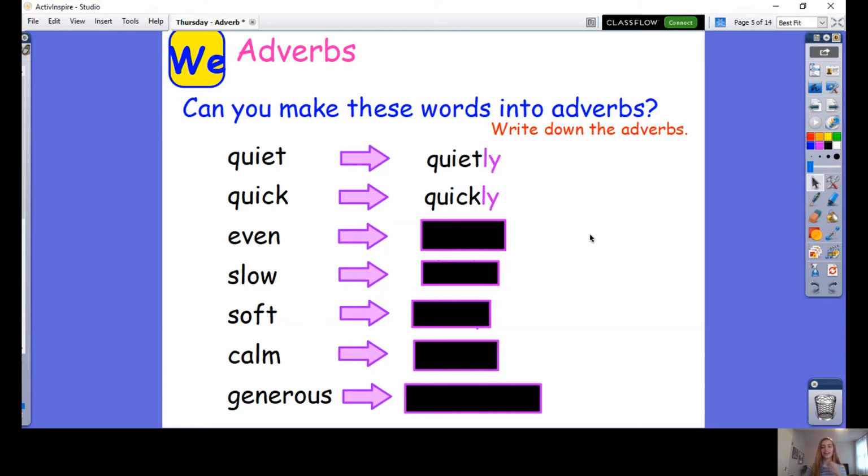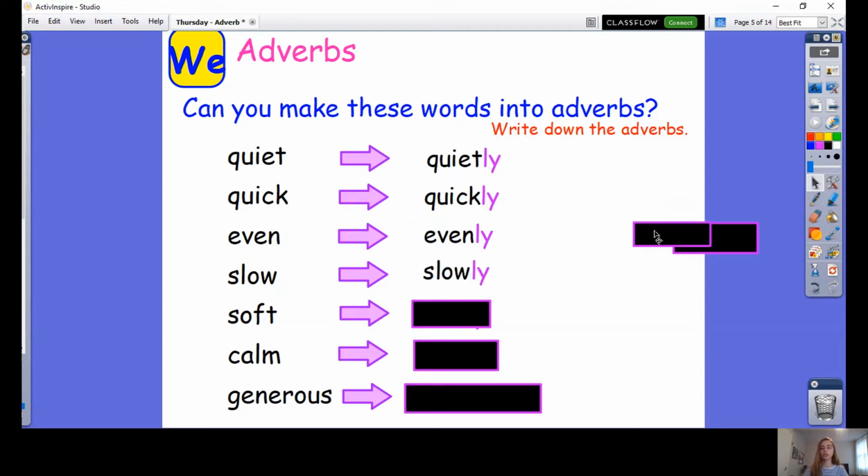Okay, let's go through our answers. So even becomes evenly. Well done, evenly. You could evenly pour the jam over the tart. Slow becomes slowly. The boy walked slowly down the corridor.